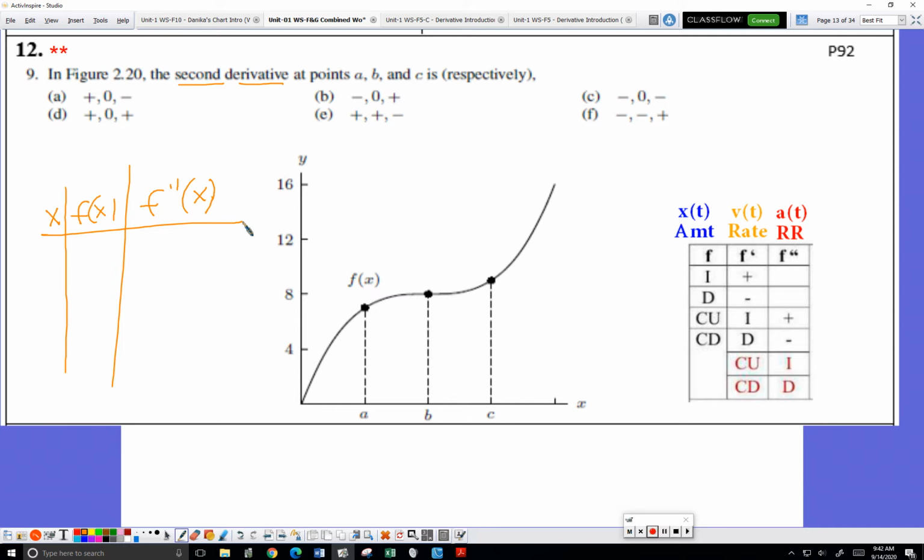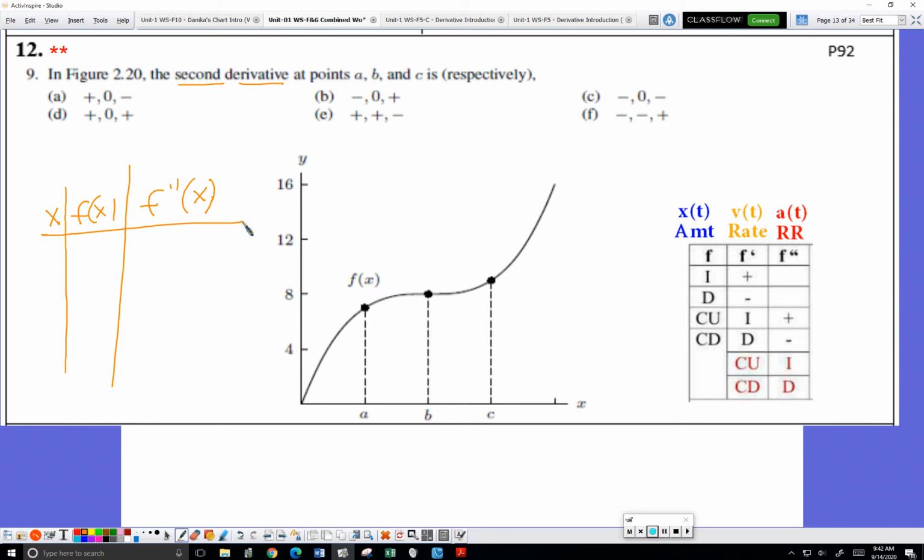F double prime is also the first derivative of F prime. So it's relative. It's not like F double prime is always the second derivative. It's the second derivative of F. F double prime is the first derivative of F prime. Questions?